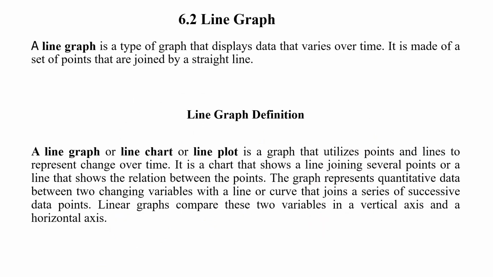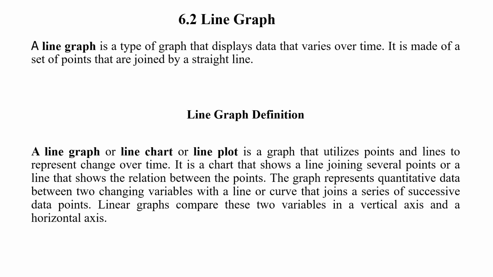6.2 Line graph. A line graph is a type of graph that displays data that varies over time. It is made of a set of points that are joined by a straight line. Line graph definition. A line graph, or a line chart, or a line plot, is a graph that utilizes points and lines to represent change over time.